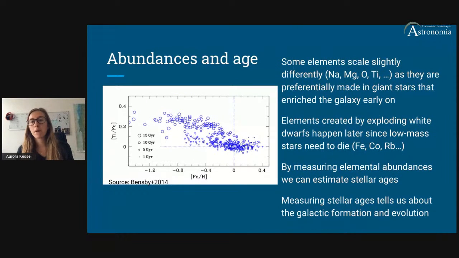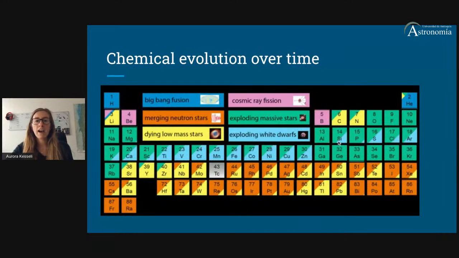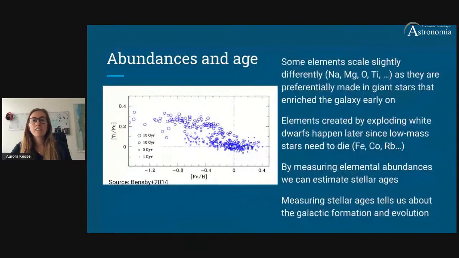But if you remember how I showed you that we have these two different processes, exploding massive stars, and white dwarfs and low mass stars, which happen at different times, there is a slight relationship between some different elements that scale slightly differently. So some of the elements that are much more common to be made in massive star explosions, for example, sodium, magnesium, oxygen, titanium, are made preferentially early on.